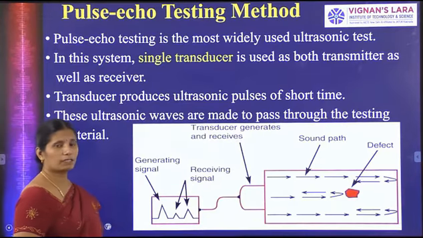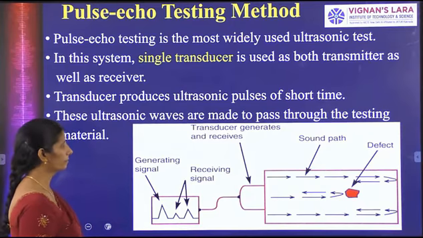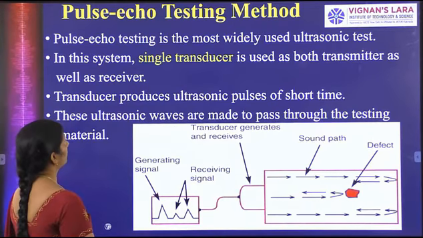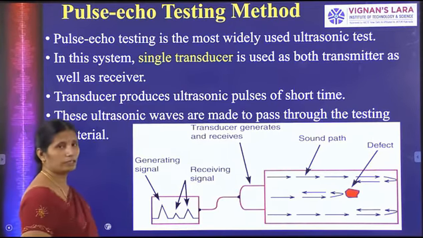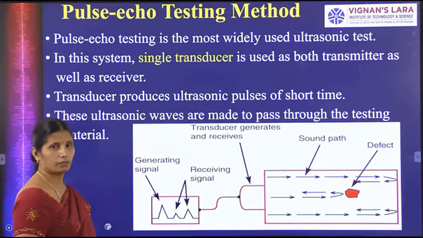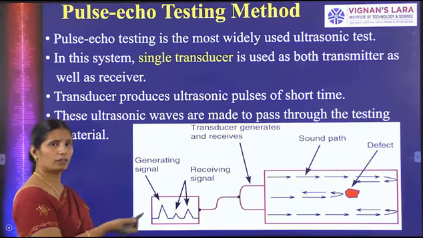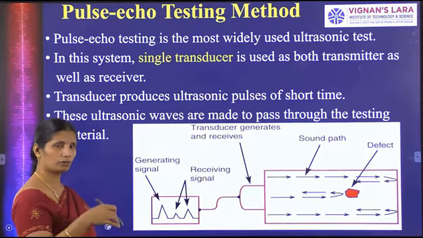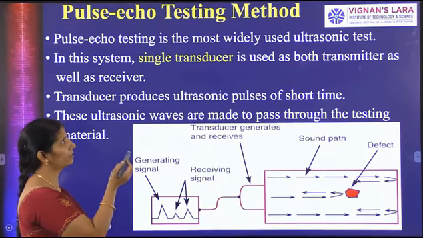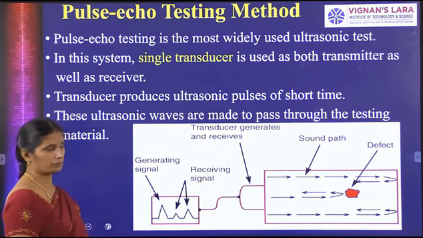Through these three methods, we can find the thickness of the material or the flaws in the material. So what is the pulse echo testing method? The pulse echo testing method is the most widely used ultrasonic test, a frequently used method among the three.